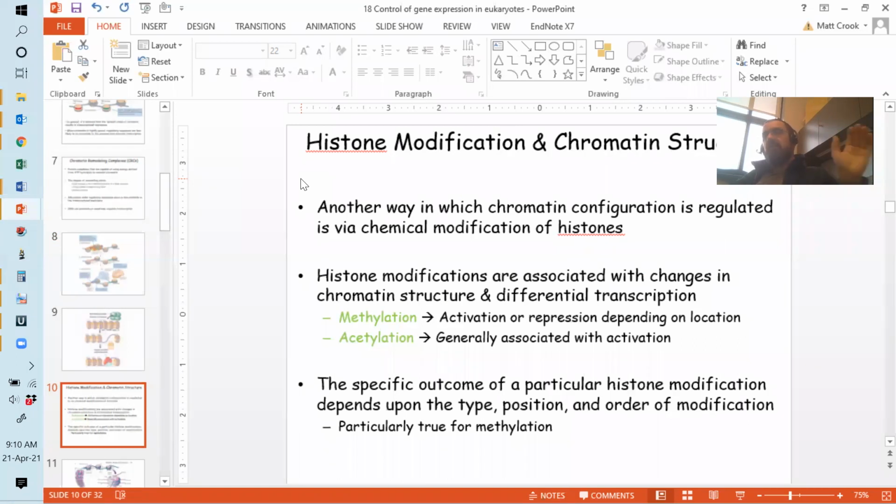And generally speaking, there are two different modifications that occur. One is methylation, which typically is associated with repression, but it depends on location. Well, in DNA, it's about repression. In histones, it depends, right? Depends on what you're methylating and where.